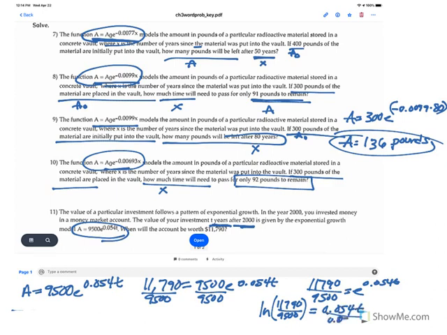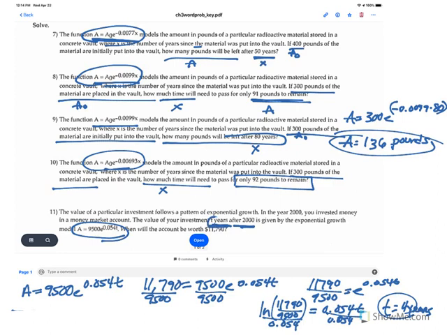We divide by that on both sides. And so when we do that, we get ln of 11,790 over 9,500, close parentheses, divided by 0.054, and we get t equals 4, round to the whole. So t is 4. That's 4 years.